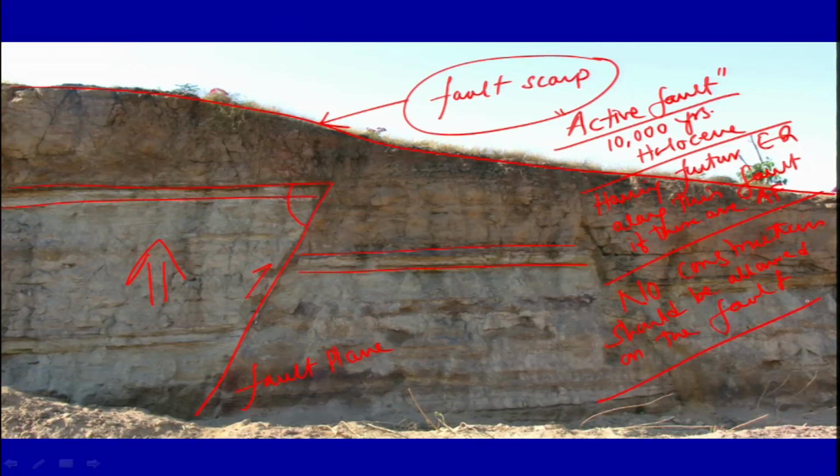So you need to avoid those areas, and for this you need to mark the buffer zone, and this is extremely important for a country like us where the infrastructure development is on boom. Okay.